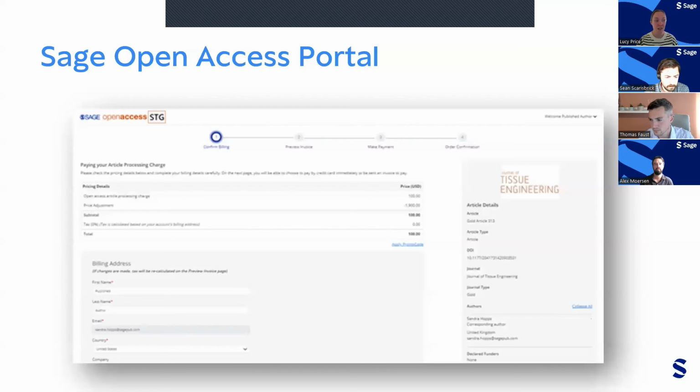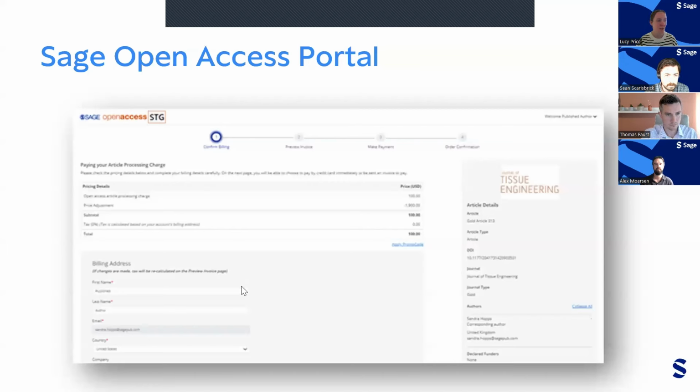Not only that, the portal ensures that they are meeting all known points of compliance, including any applicable taxes due on their APC. Plus, it will send automated reminders and updates on any activities relating to their articles in the portal.